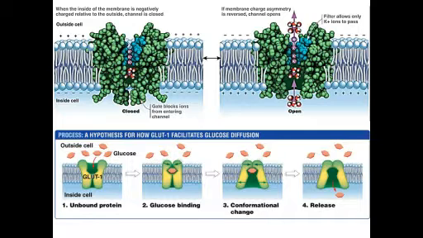Alright, so here you have the movement of, for instance, glucose into the cell. Glucose being a polar molecule, it's a little bit larger. It requires a protein molecule to enter the cell. So glucose can enter by binding to a membrane protein. So you have this little binding site, this little pocket that's going to accept glucose.